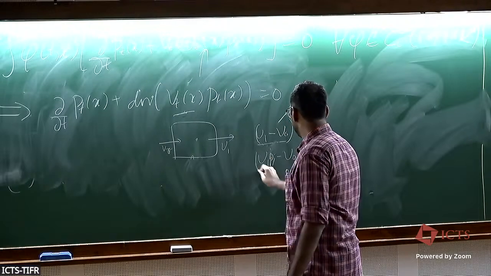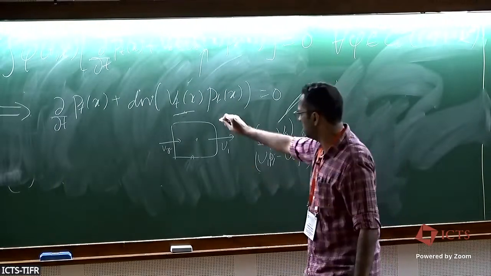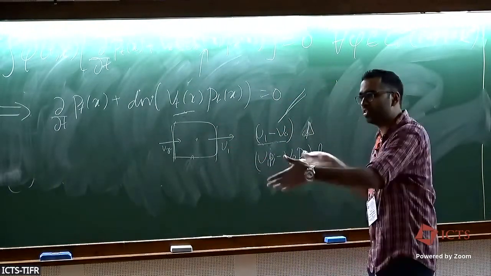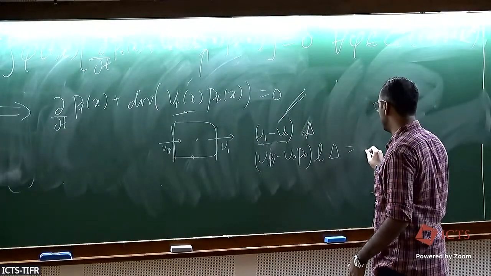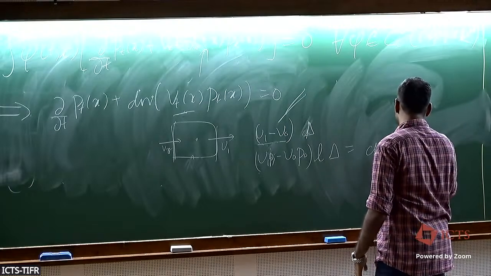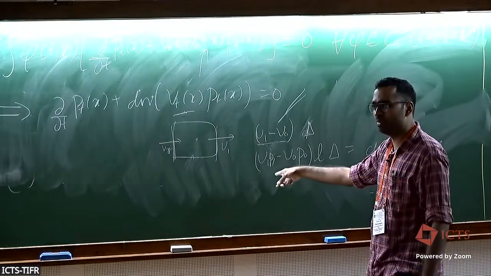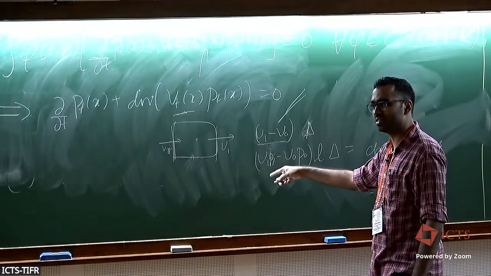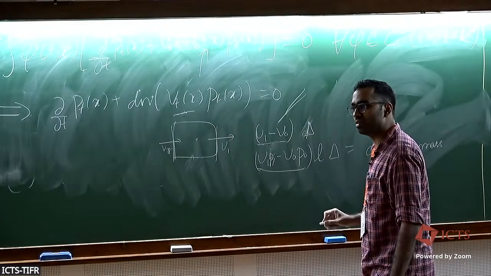We need to multiply it by the length of this box so that we know the total flux coming in. After a time delta, this will tell you the change in mass. And somehow magically this comes in the denominator and this becomes the divergence. It's a spatial derivative, as you can see.